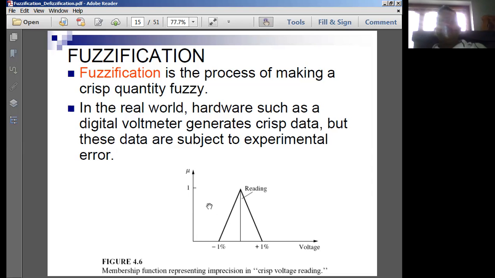This particular outcome is based on the membership function, which gives us many values between -1% to +1% of tolerance. Based on these values, the output of the digital voltmeter is computed. So this is one example of crisp data which is the outcome based on the fuzzy set.